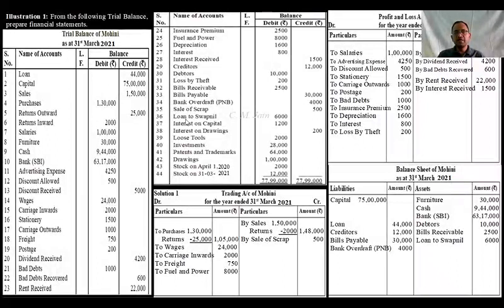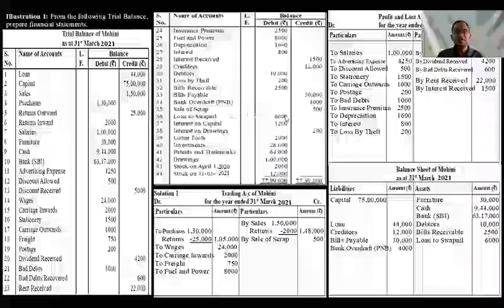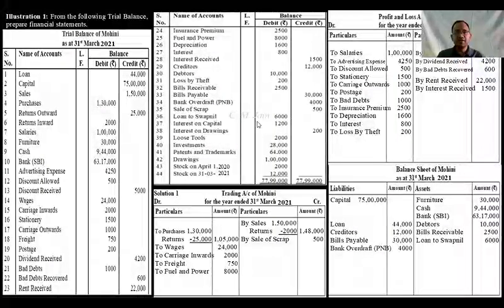Suppose 'to' was not written over here, just loan in bracket Swapnil. Then how will we know whether it is a loan taken or given? Yes, by the amount appearing in debit or credit column. Since the amount is appearing in debit column, it means it is an asset. So it is a loan given.